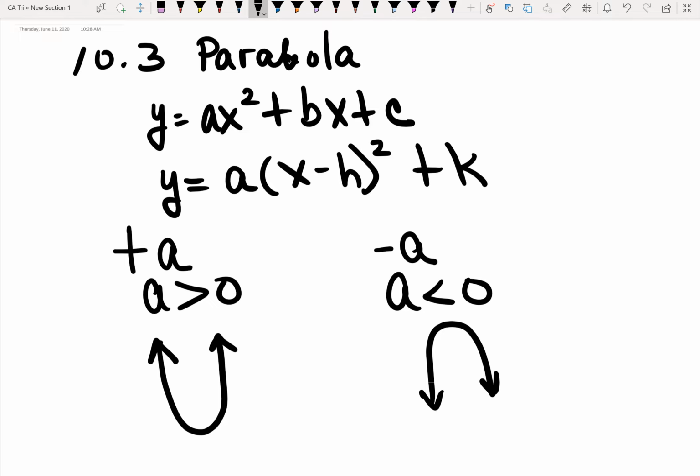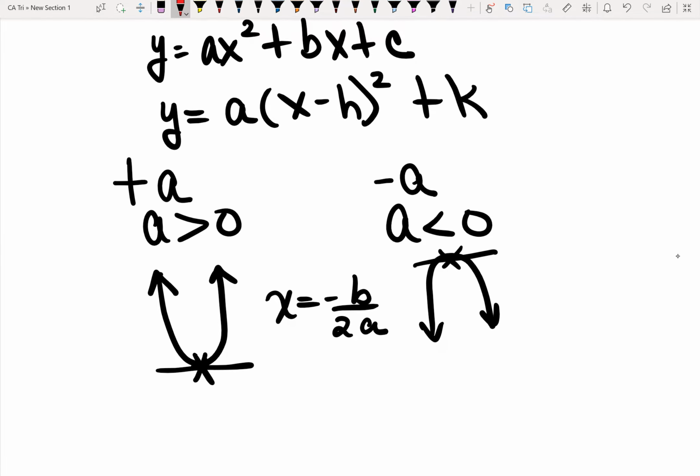In each parabola, if you notice, there is a value that is considered the vertex. In either one of these cases, we're looking at x equal to negative b over 2a. This negative b over 2a is what we refer to as the axis of symmetry.